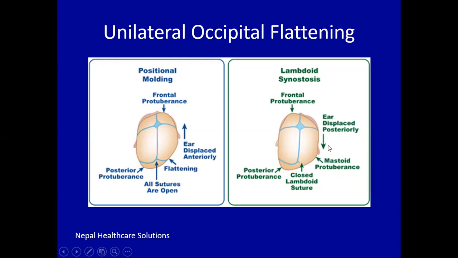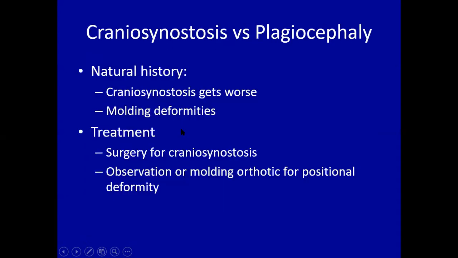So remember, posterior pathologic. If the ear is more posterior on the affected side, then that's pathologic. That's a stenosis, and that needs to be evaluated and referred. If it's positional molding, then the ear will displace anteriorly. So those are two things that you can really use.